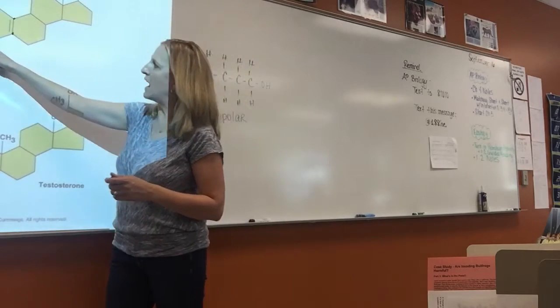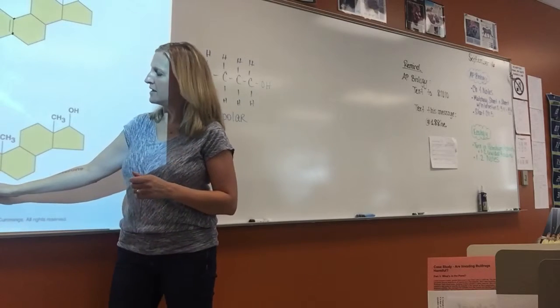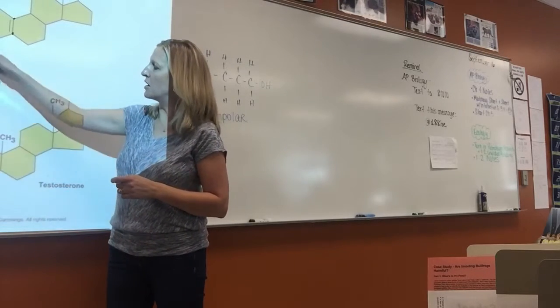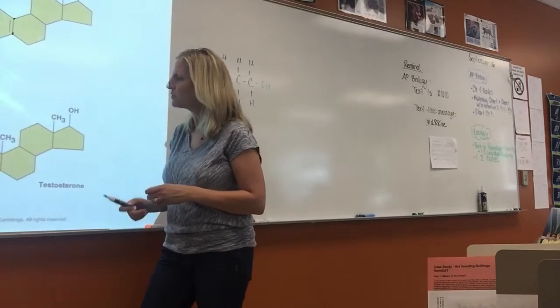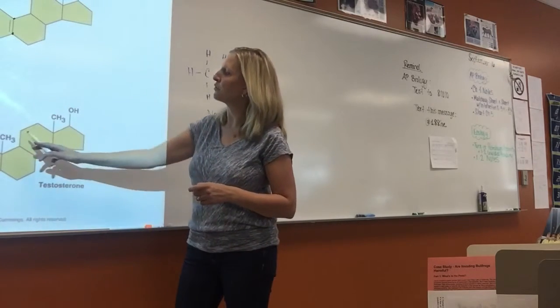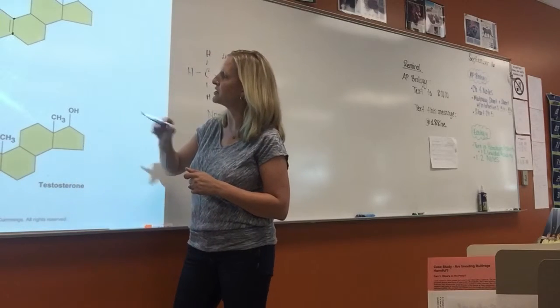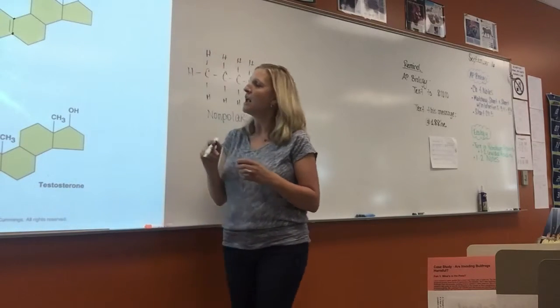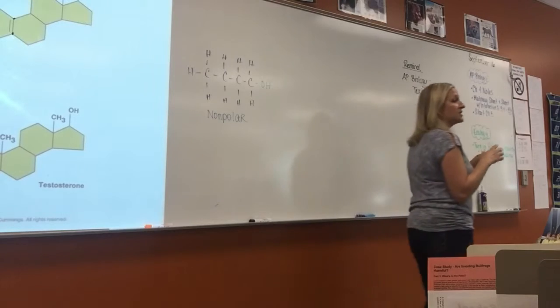So you can see this has a hydroxyl group, whereas this has a double bonded oxygen, which we're going to see as a carbonyl group. And so that location, the differences in the chemical groups, having the CH3 here, which is the methyl group, and not having it here, gives the molecules different properties.